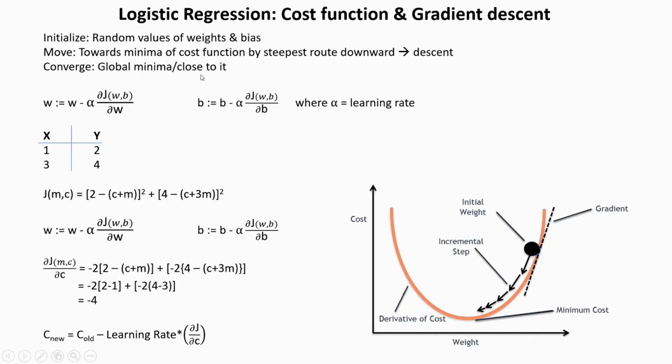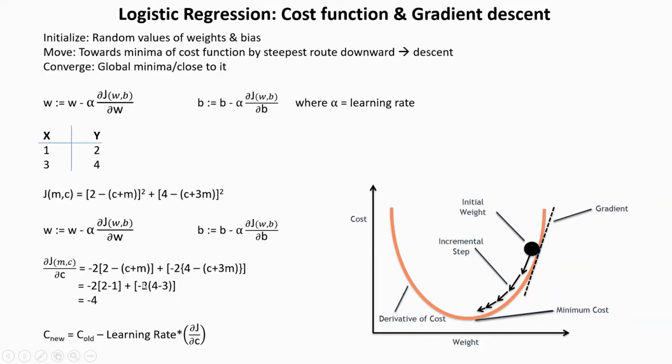So with this expression, if I want to substitute here, how am I supposed to write it? My new C is nothing but my old C minus the learning rate multiplied by the partial derivative with respect to C, which is minus 4. Right?